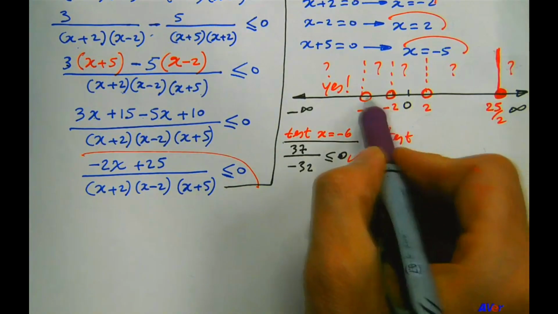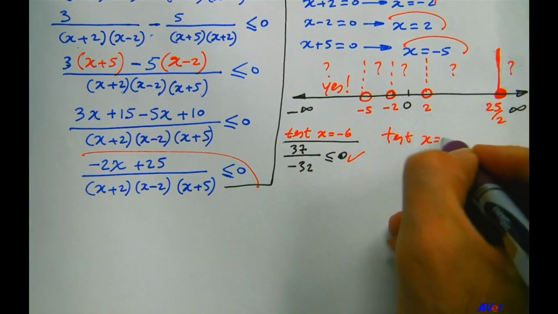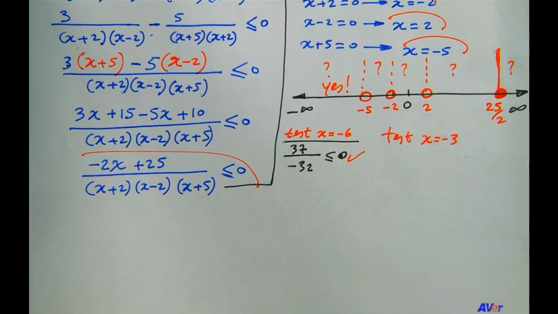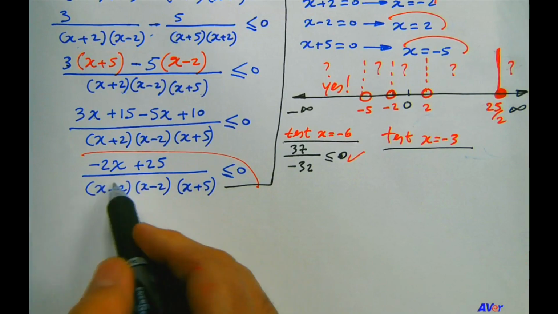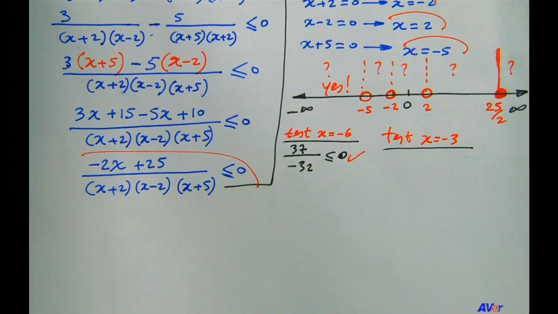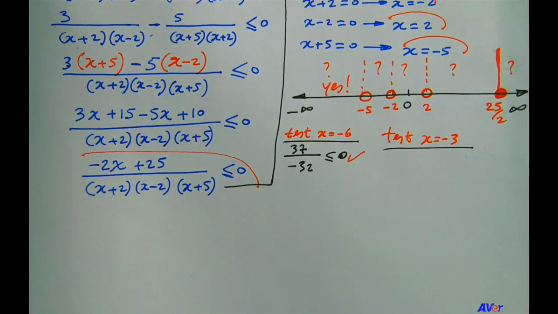Let's test an easy number between negative 5 and negative 2. Let's test x equals negative 3. Plug that in here. We have minus 3 times minus 2, that's positive 6. Positive 6 plus 25, that's positive 31.